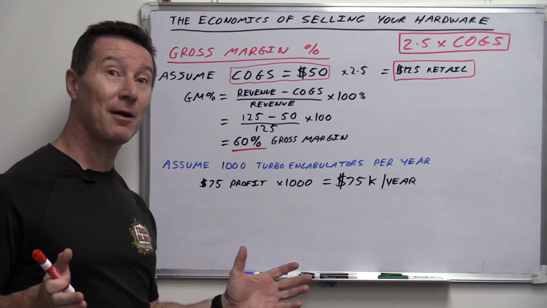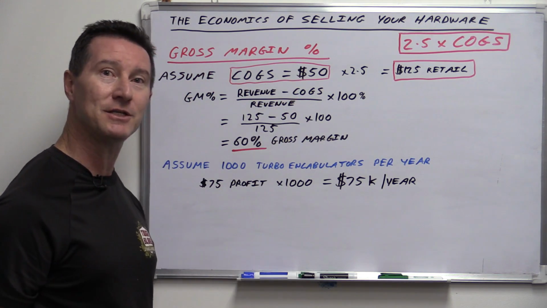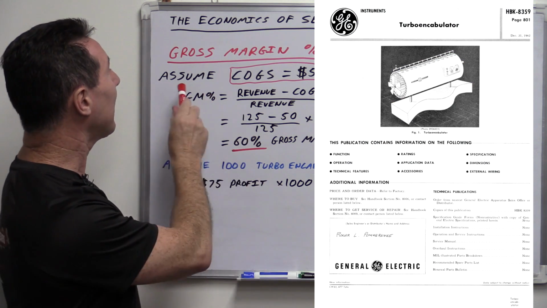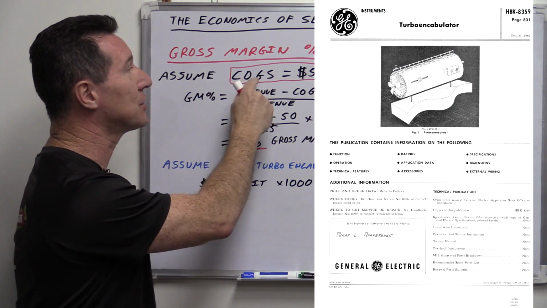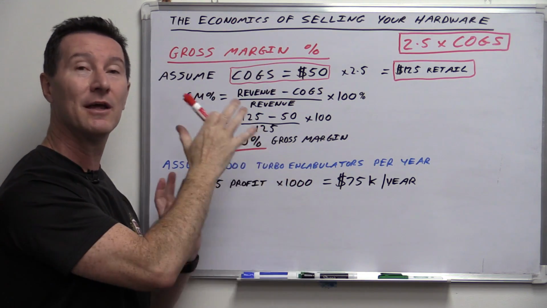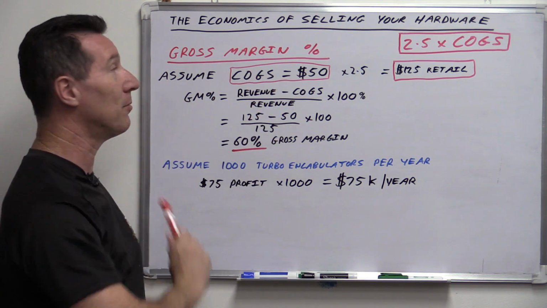All right, let's see how much profit we make, or as it's called, the gross margin percentage. Let's assume that we're making a turbo encabulator. Okay, let's assume that our cost of goods sold is $50. That includes everything on that huge list that we saw before, everything to do with the business of making this turbo encabulator.